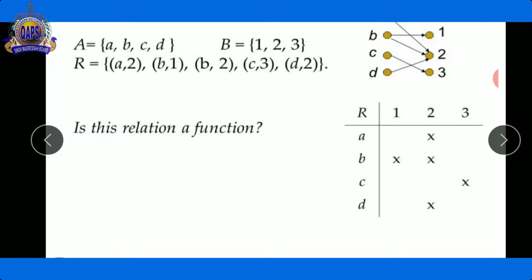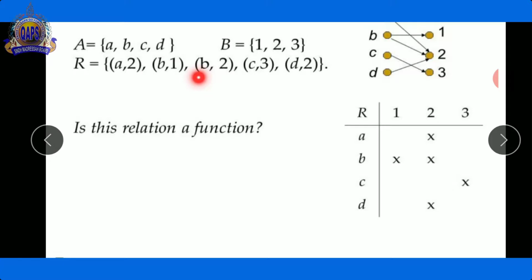There is a big difference between relation and function. A relation must have the first element of the ordered pair with different elements. Let's see here, B is related to 1, and B is also related with 2. There is one element related with different numbers, because B is the same but the two numbers are different.